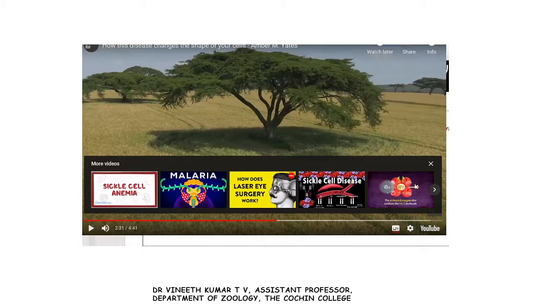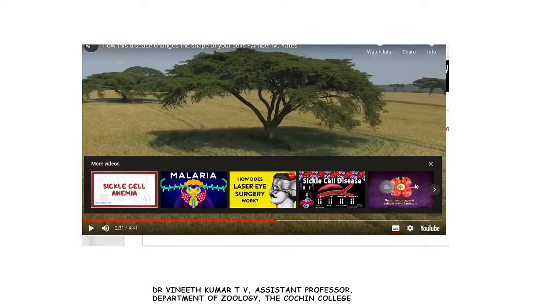And why is this called a beneficial mutation? Because this particular mutation was traced to have evolved in the regions where malaria was prevalent. The malarial parasite, in a stage of its life cycle, resides in the RBCs.